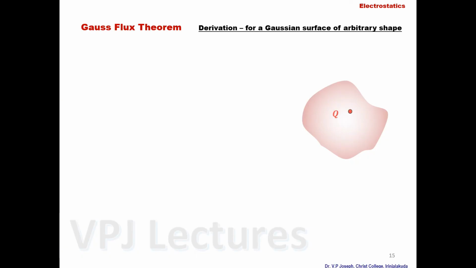Now in this case, Q is placed at the center and the Gaussian surface is of any arbitrary shape. And let us consider any surface ds. Corresponding to this ds, the electric field is coming from the source in this direction. And this ds makes an angle theta with the electric field.